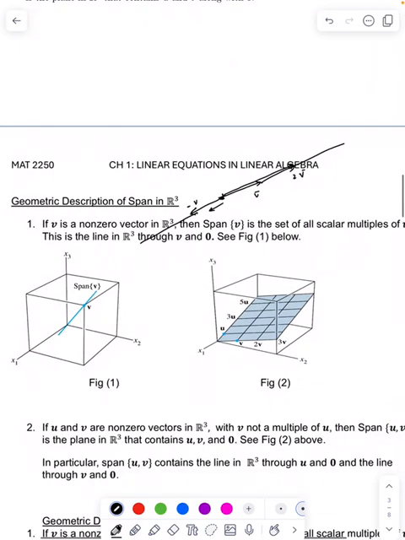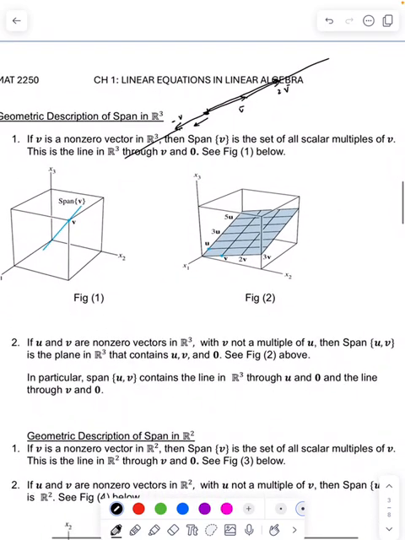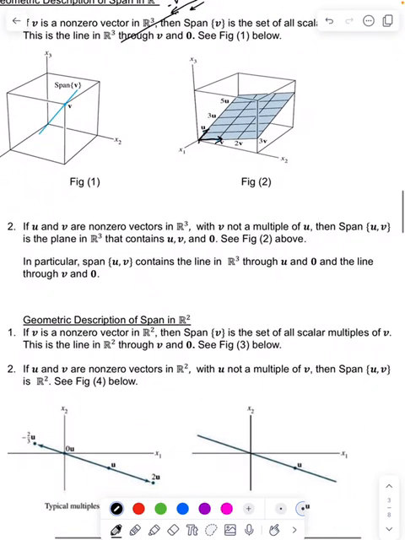But when we have two vectors in R3, in the space, here are the two vectors, one is the u vector, another is the v vector. Then we get a plane which contains the u and the v vectors. That's what we get in R3. What about in R2?